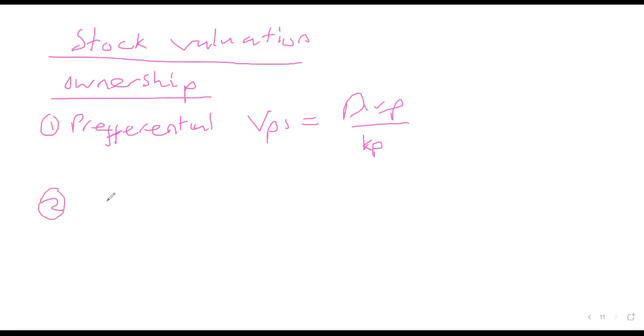We also have the common stockholders, or equity holders. These are ordinary shareholders. These ones are the real owners of the business who have voting rights and the residue.